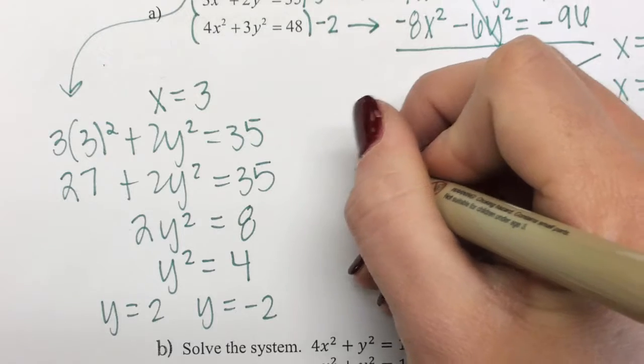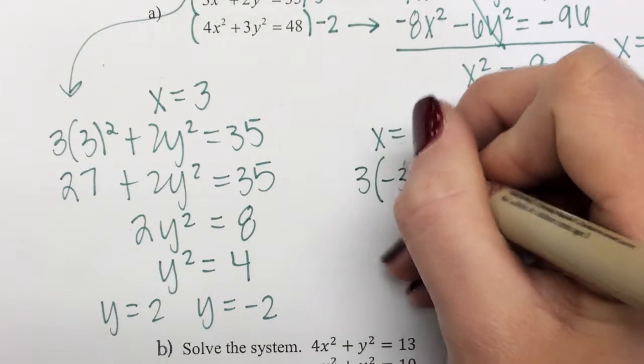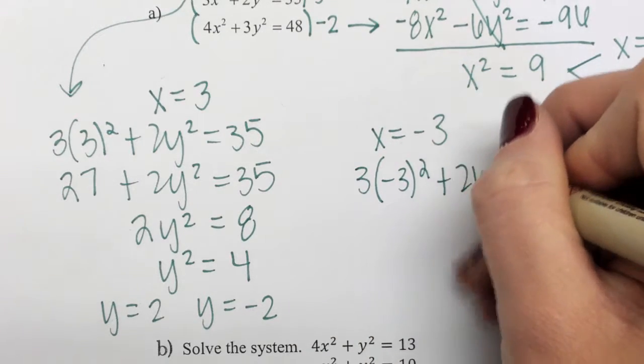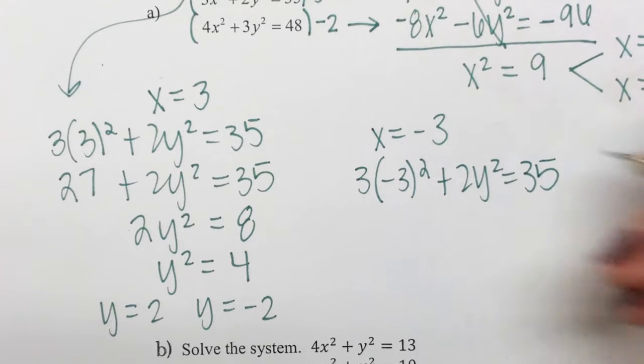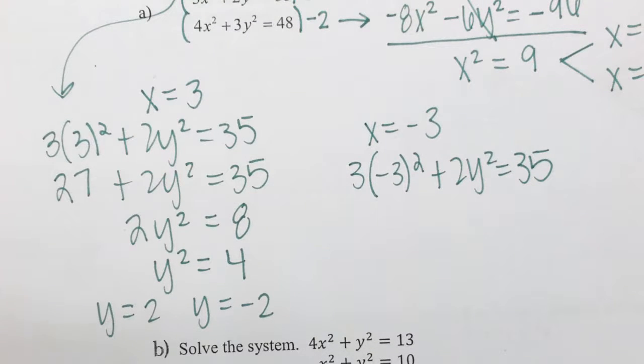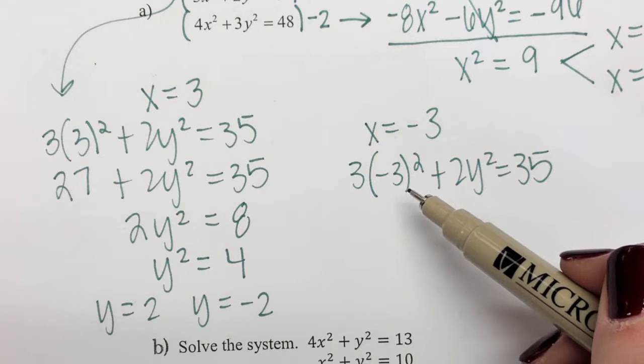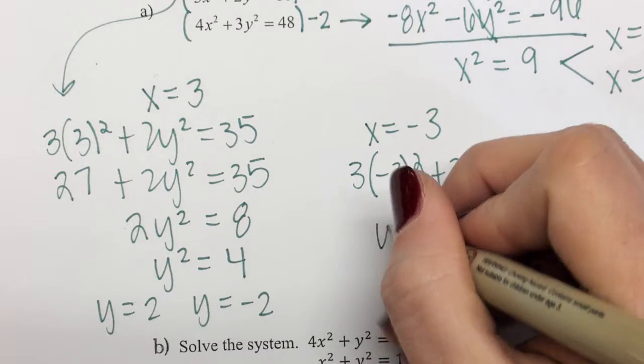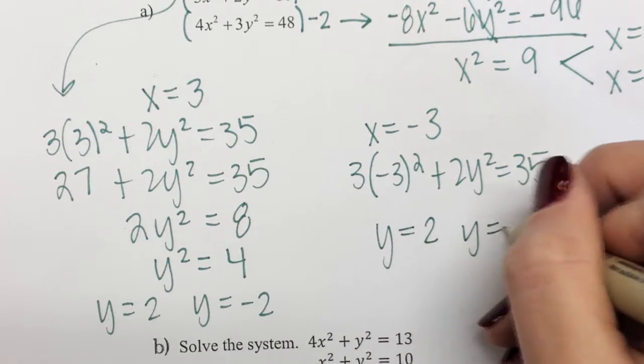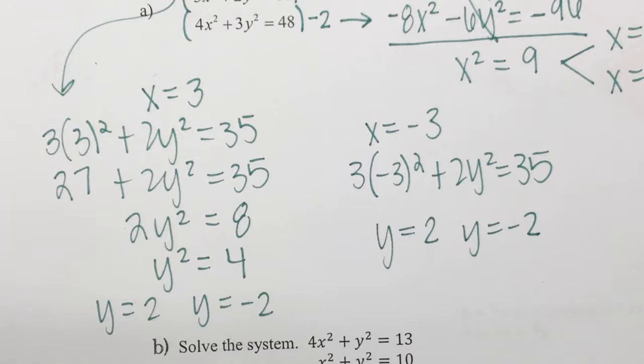Okay, so instead of positive 3, -3 squared plus 2y squared equals 35. Now stop right here. Once you realize that when you square this, it's still going to give you 9, so you're still going to get what for your answers? Yes, 2 and -2. Everybody see that?